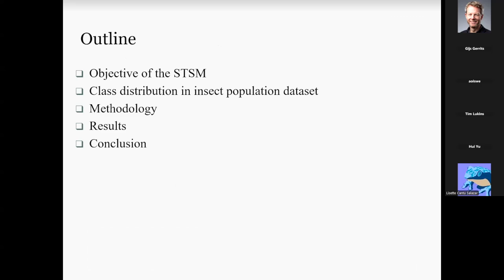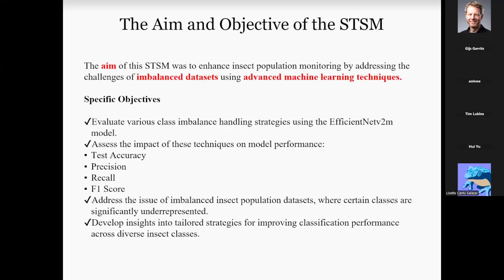Here is the brief outline that I'm going to talk about. So basically, the aim of my STSM was to enhance insect population monitoring by addressing the challenges of imbalanced datasets using advanced machine learning techniques.